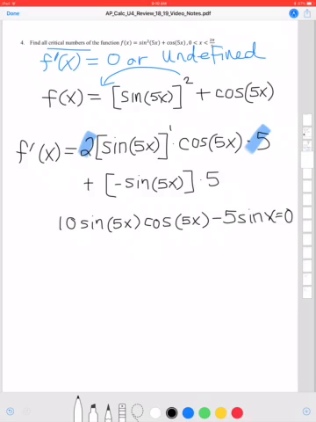Well, let's see here. I guess I could factor out a sine and a 5 here. So let's do that.